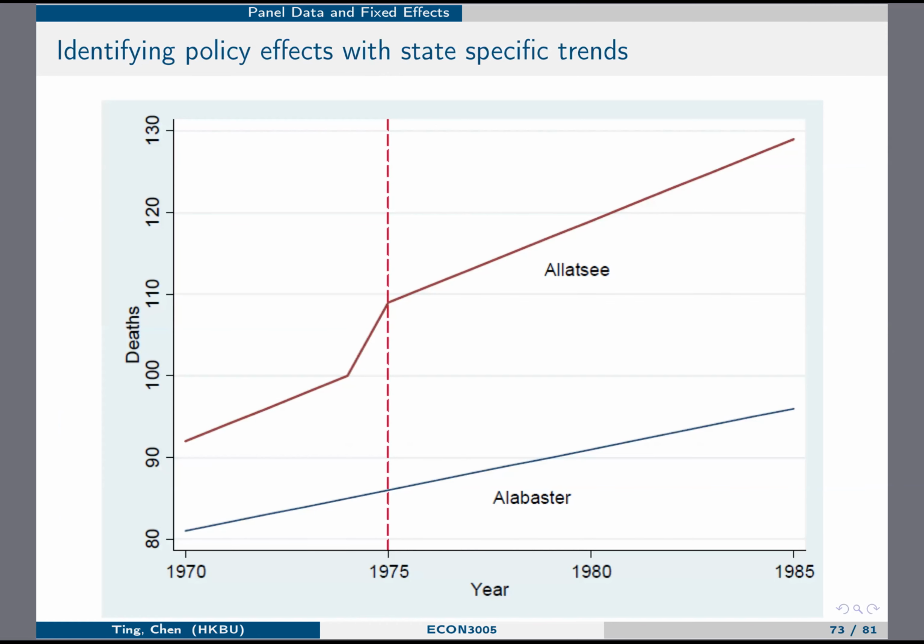So, right, this is how we can use the state-specific time trend. After you add the state-specific time trend, for each of the states, you first control for this trend variable.